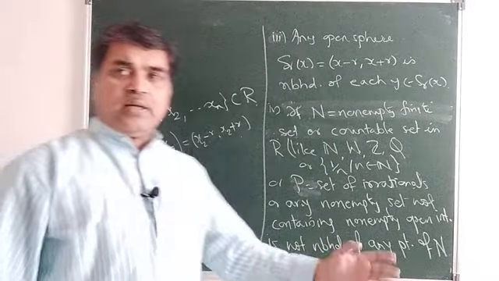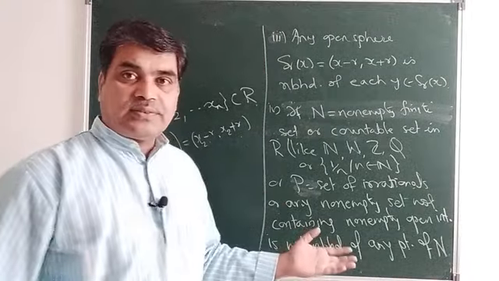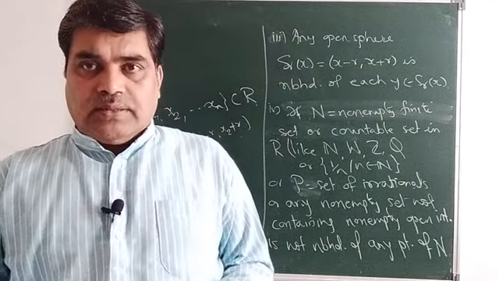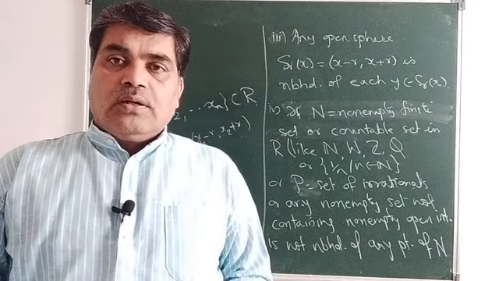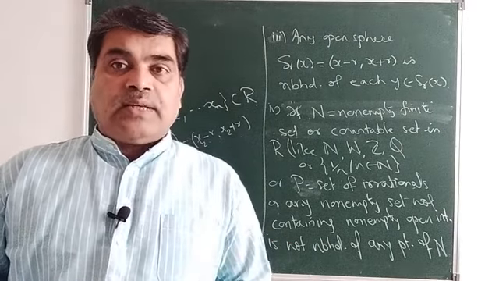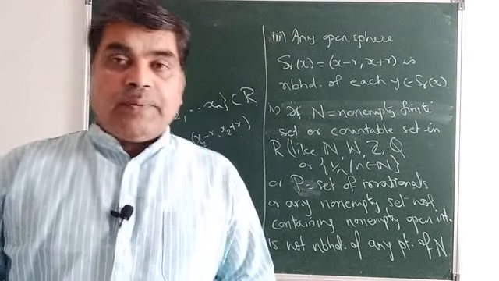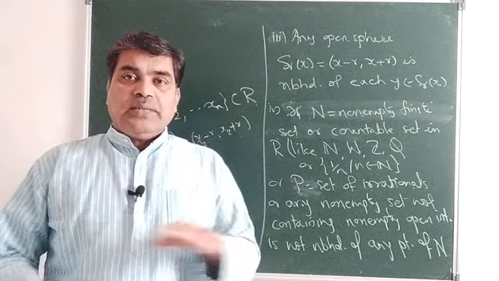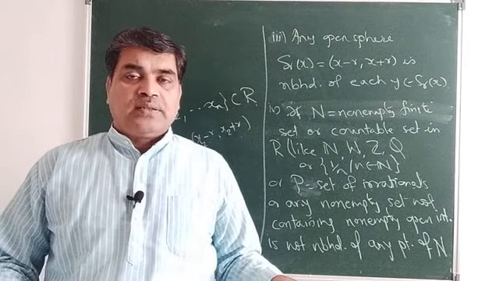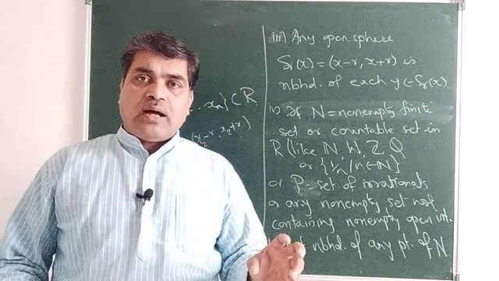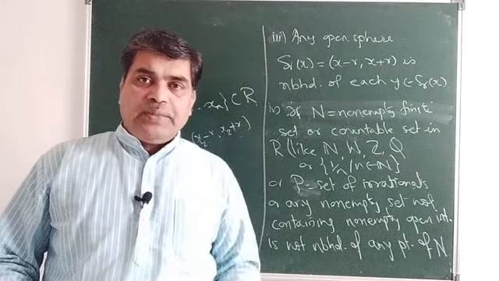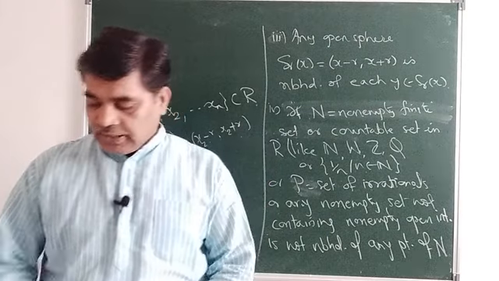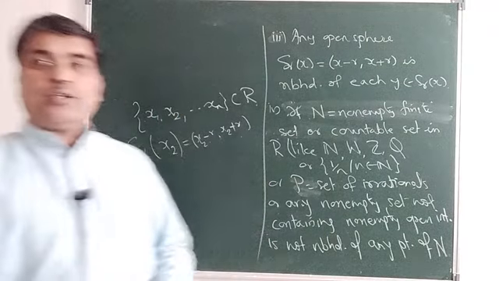So even though there are uncountable sets, like the set of irrationals, they don't contain any open interval. And an open sphere about any point is always an open interval. So if I take any subset of R in which there is no open interval contribution, then that N must not be a neighborhood of any of its points. I think this must be clear to you now.